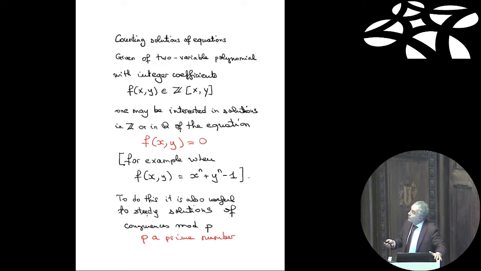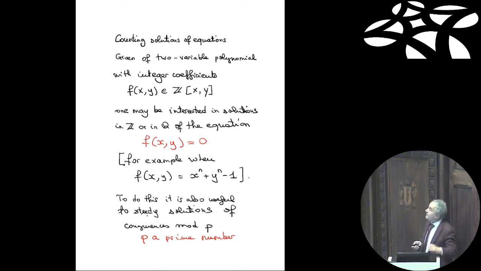So it's a function of 2 variables, x and y, and it's a polynomial in x and y with integer coefficients. So people are interested in such equations. For instance, this one was interesting for a long time to many people.